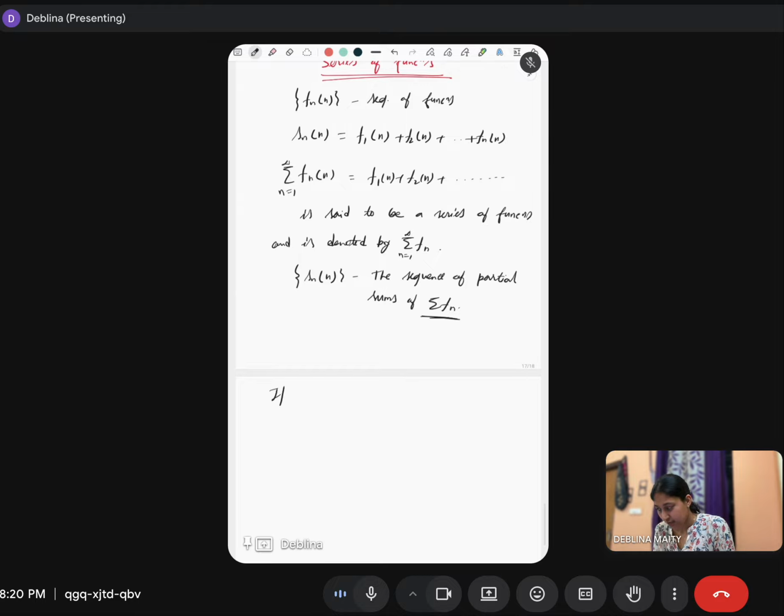Here the sequence s_n is not a sequence of real numbers but a sequence of functions, so there are two convergences, pointwise and uniform.